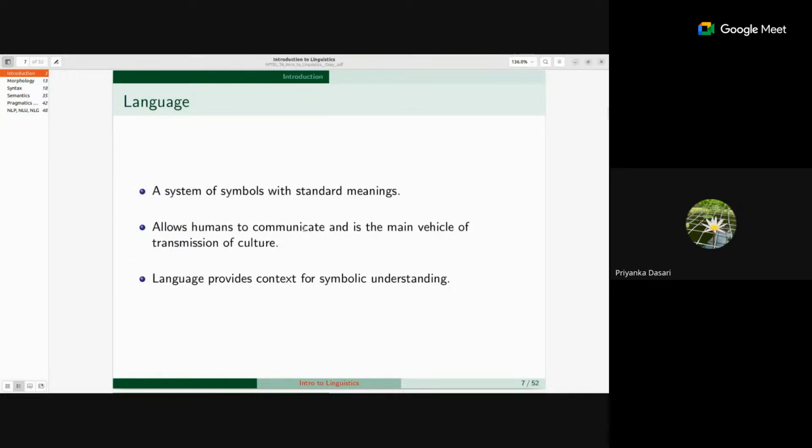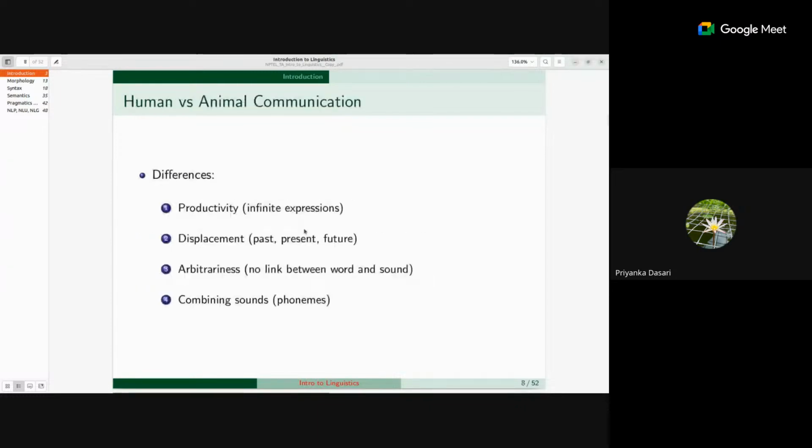Language is a system of symbols with standard meanings, which allows humans to communicate, and it is a way of transmitting culture. Language provides context for symbolic understanding that we all share.